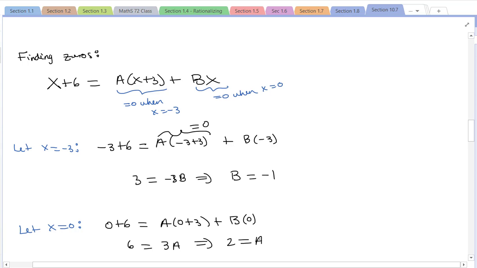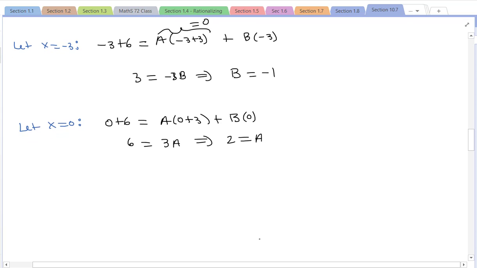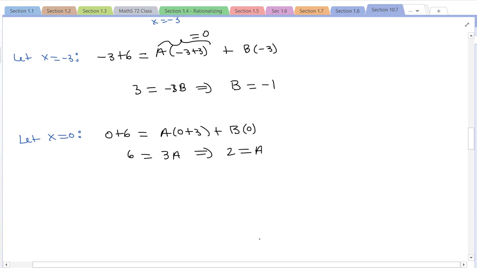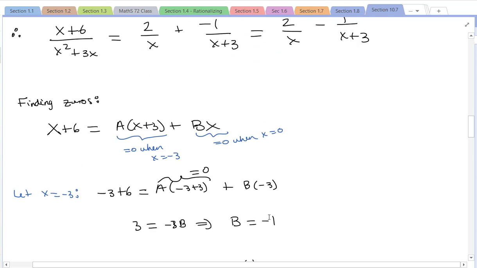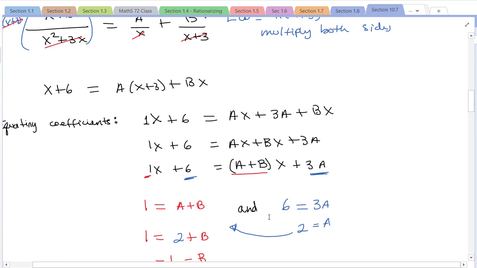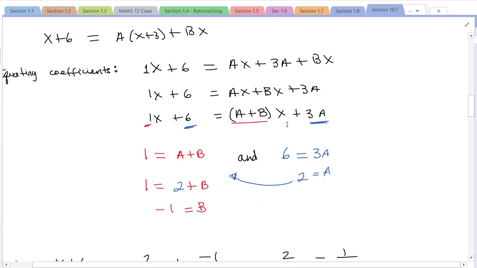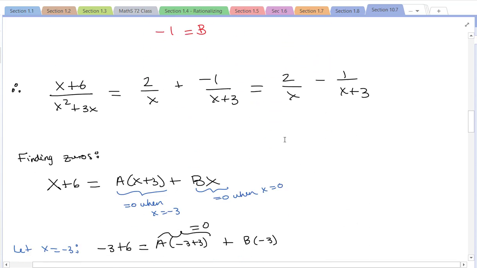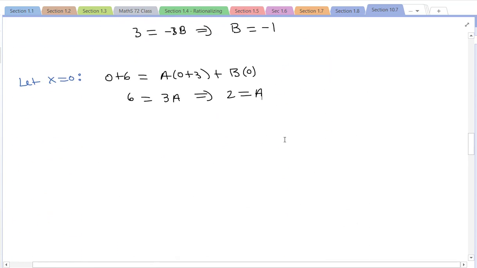So it's the same answer, we just got there a lot quicker. Finding zeros is what I call the cheap and easy way, because things go a lot faster than when you're having to equate coefficients, where you have to multiply stuff out, gather like terms, and factor out the common variable, either x or x squared, as we'll see in future examples.